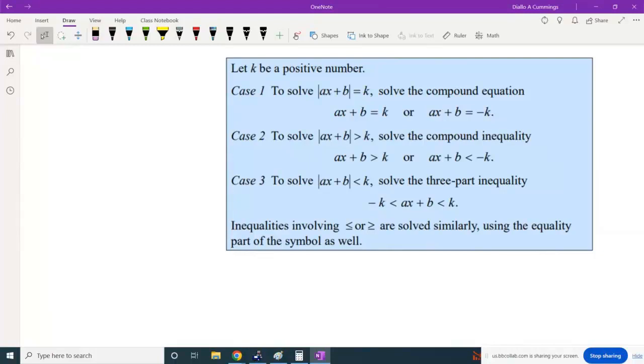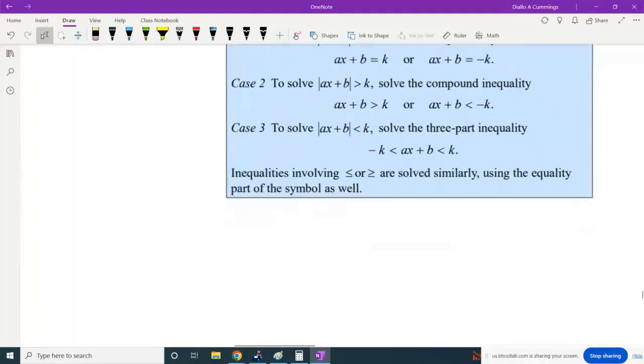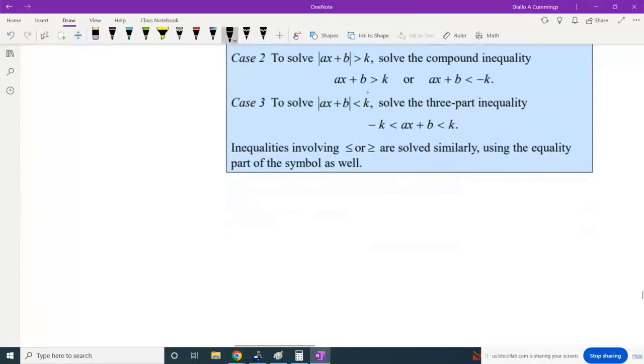All right. So now these formulas may be a little bit complicated, but this case 1 is to solve an absolute value equation, right? Because an equation is anything with an equal sign. So I'm going to just kind of shorten these up a little bit.